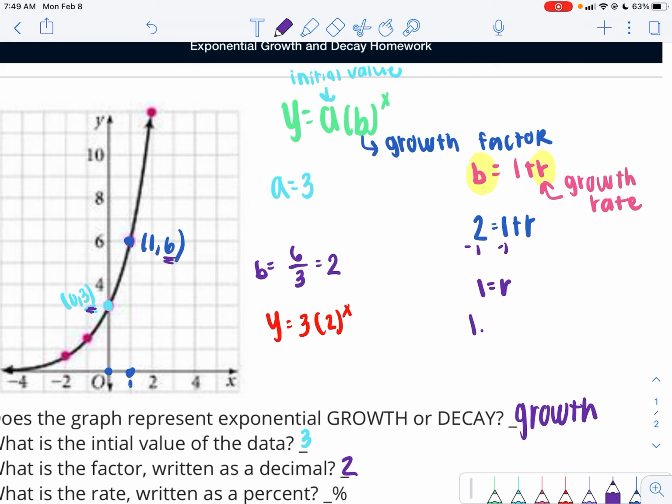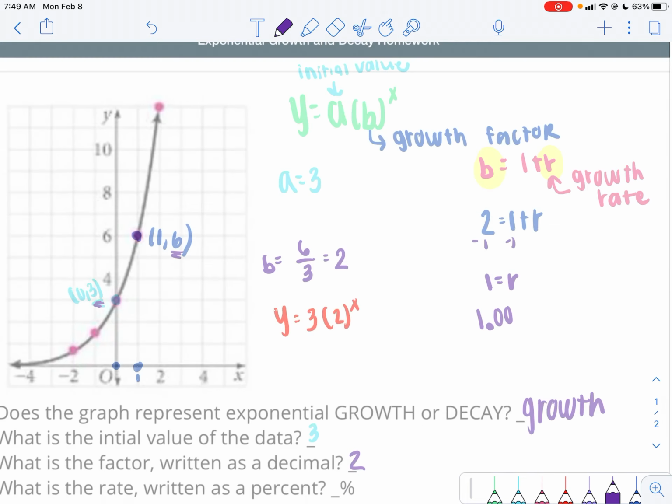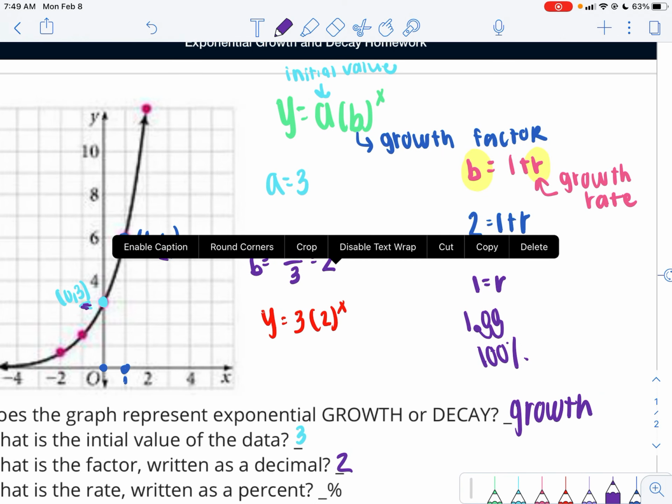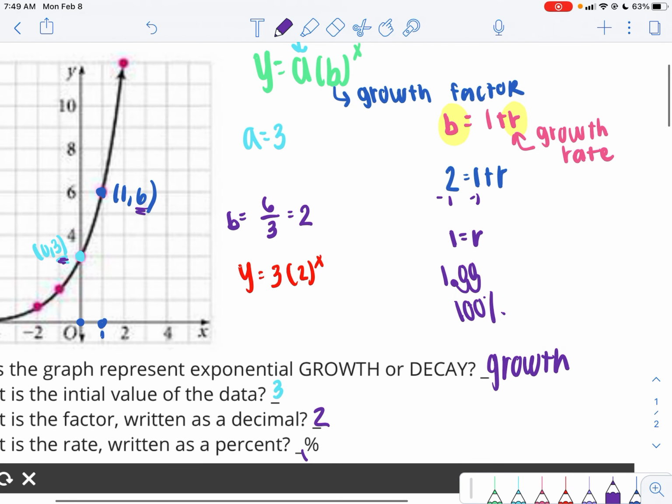Remember, 1 written as a decimal can be 1.00. If we want to find that as a percent, we're going to move over 2 decimal places, and we have 100%. So you would just write 100 there since the percent is already in the question for you.